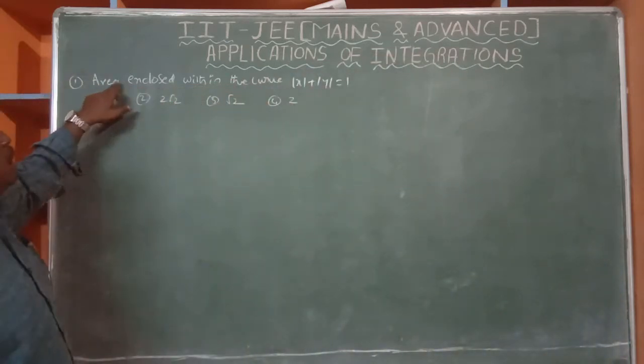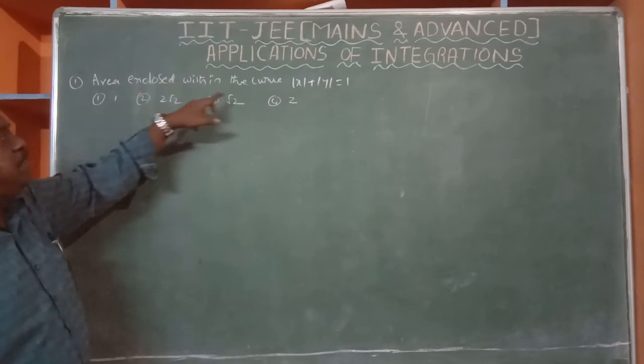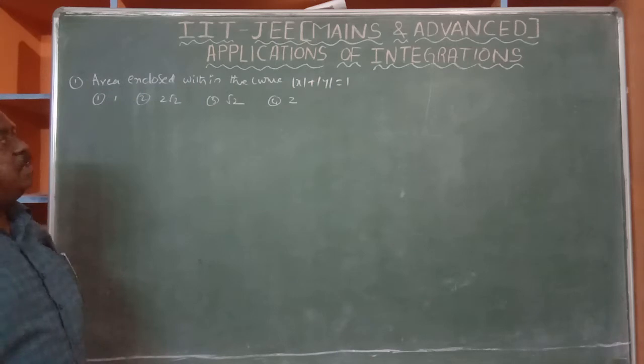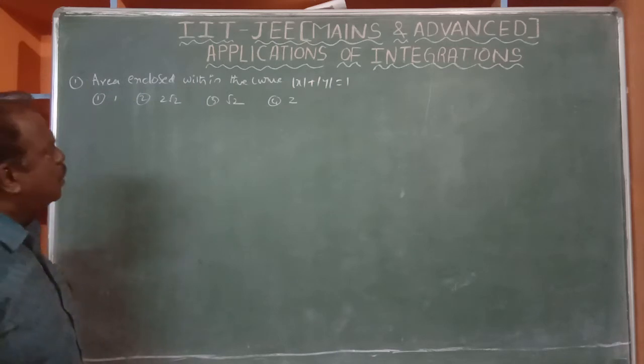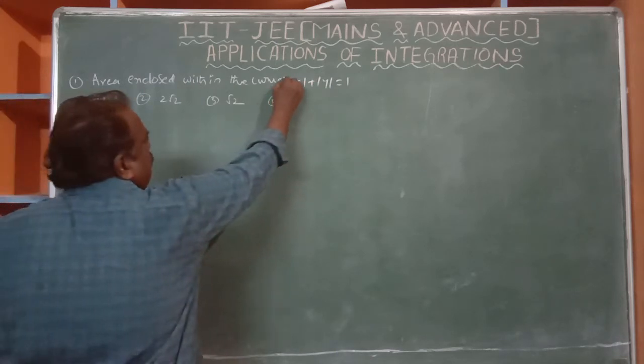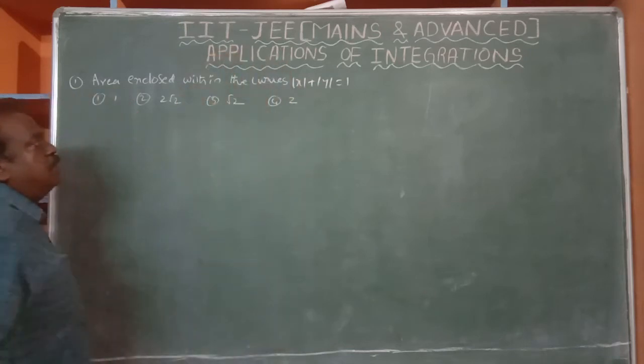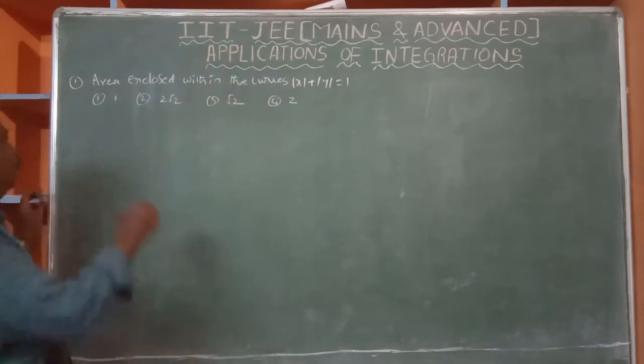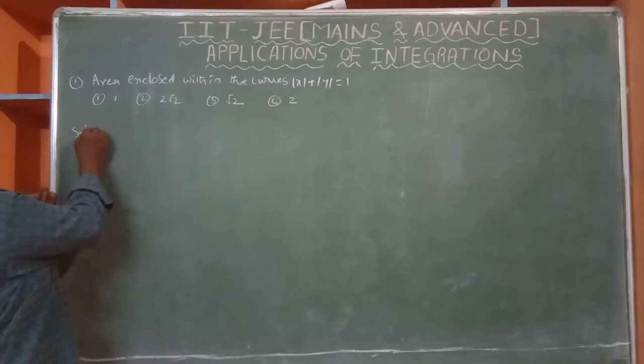The area enclosed within the curves mod x plus mod y is equal to 1. You see, this is the solution.